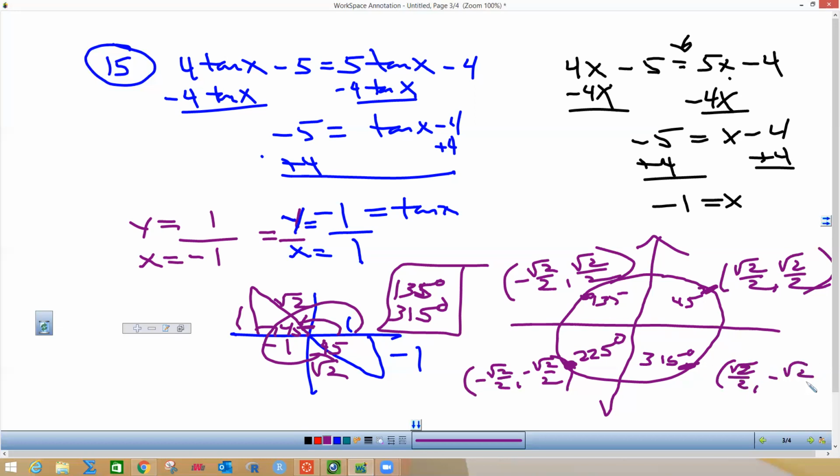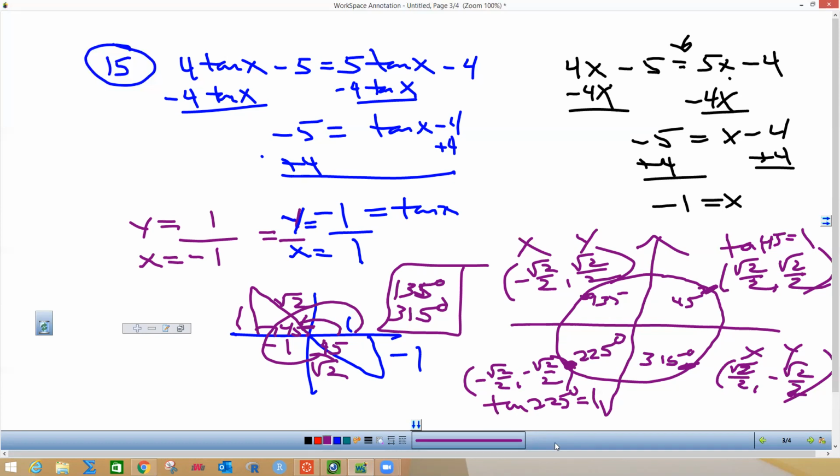And then you're going to ask yourself, hey, which one of these is going to give me negative 1 if I take the y divided by the x? And I hope you see these up here would give you a tangent of x. So in other words, the tangent of 45 would be positive 1. So I take that divided by itself, 1. Same thing down here. The tangent of 225 degrees would be positive 1.